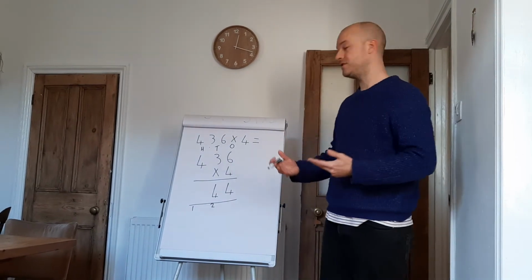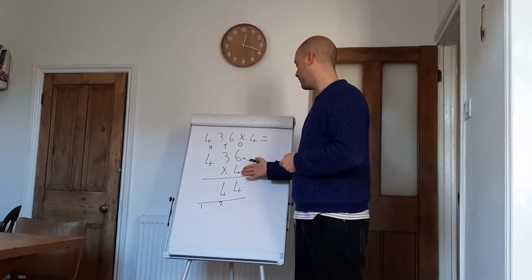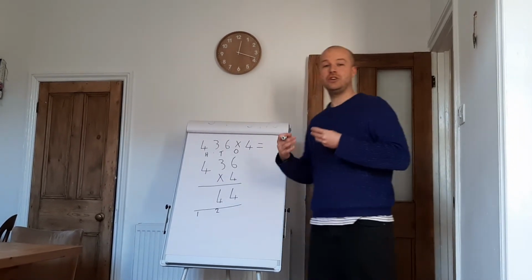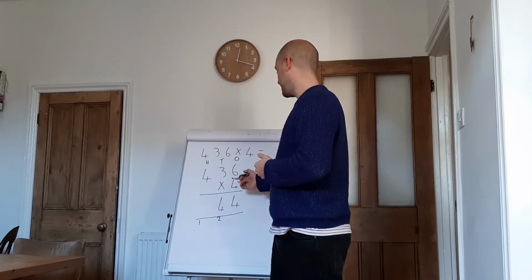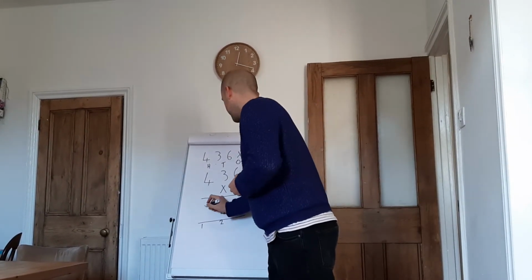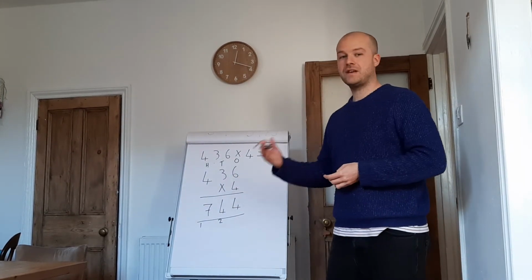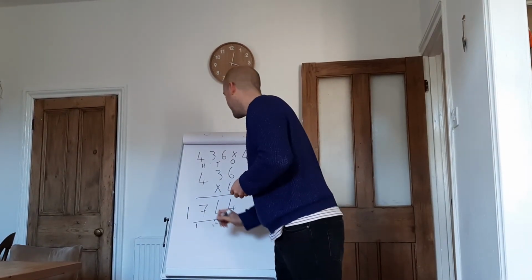So this is where it gets a little bit different to yesterday. We're now going to multiply the 4 ones by the 4 hundreds. But again, you don't really need to think about that. You just need to do 4 times 4, which is 16, and you need to add the 1, so it'll be 17. Because we've got 17, we're going to have to carry over 1 into this column here.